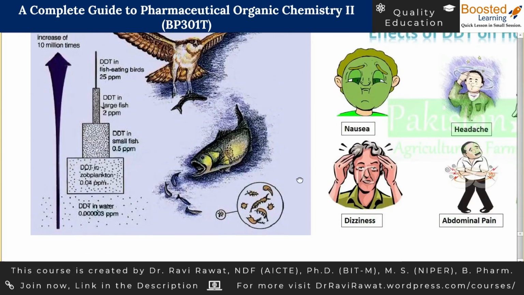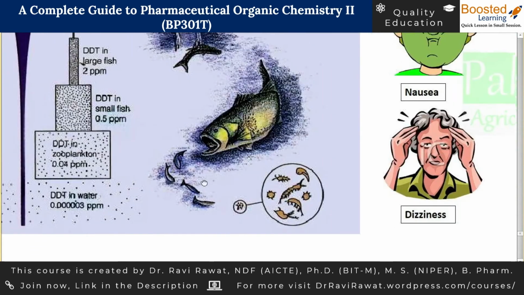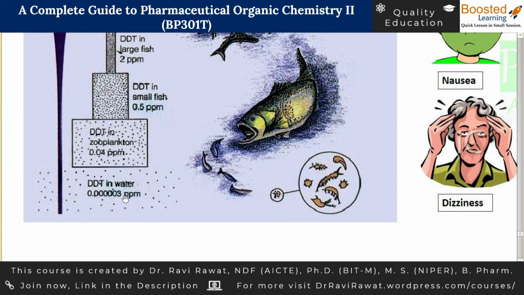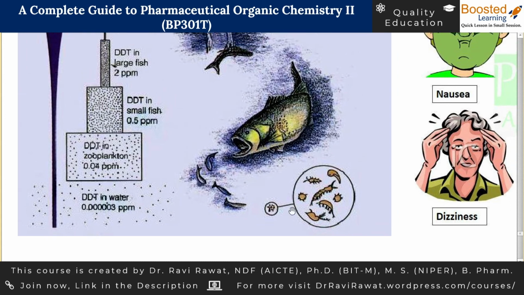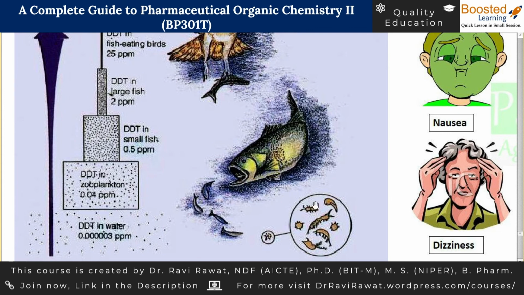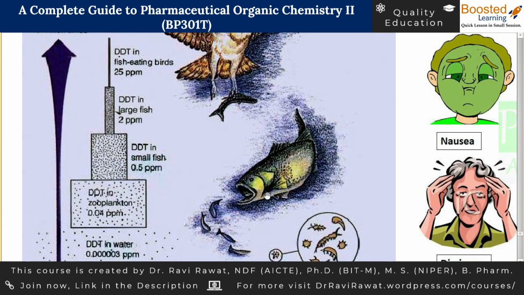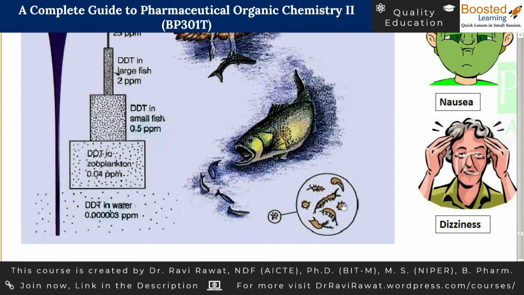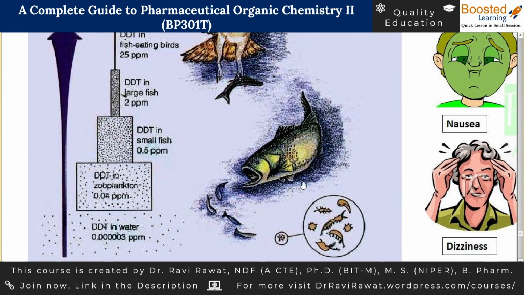But the real problem with DDT was, suppose you spray DDT in water, the concentration of DDT in water is very less, but it gets accumulated in small insects of the water. Then these small living beings in water are eaten by the small fishes, and the DDT which was there in these small living organisms gets accumulated in the small fish, and the concentration rises because it is eating a lot of them.